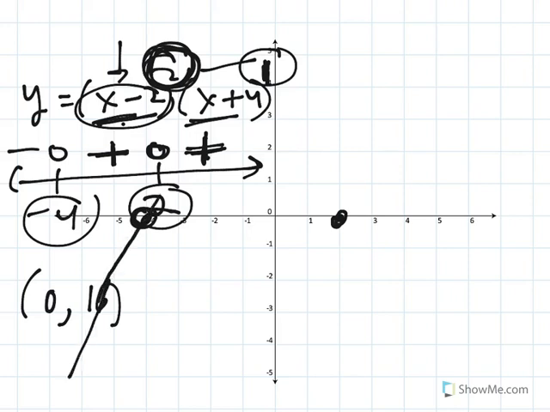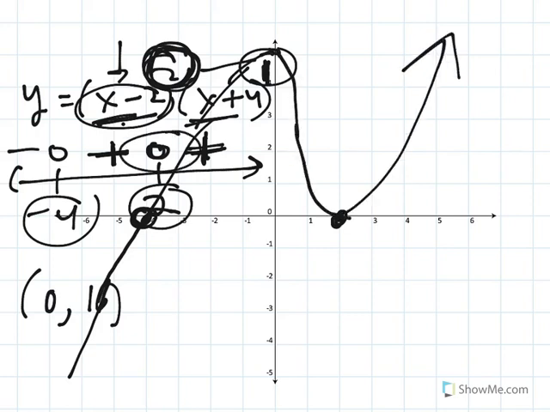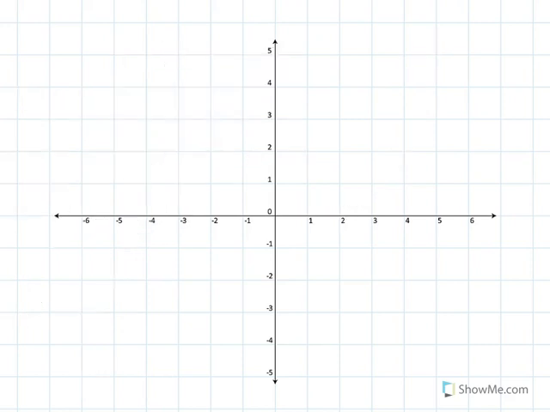It's under, it's over, it touches the graph at that 0, and then pops right back up. So that's how you can have sign charts that don't alternate if there's an even exponent involved on one of the factors. Now let's apply this to rational functions.